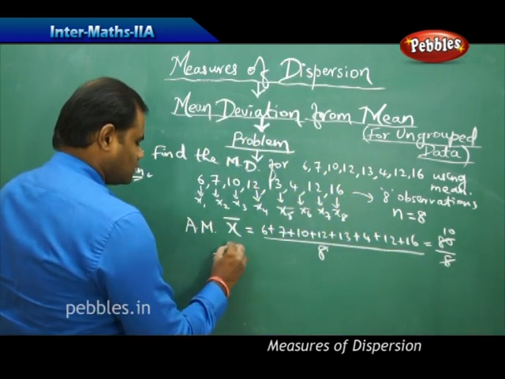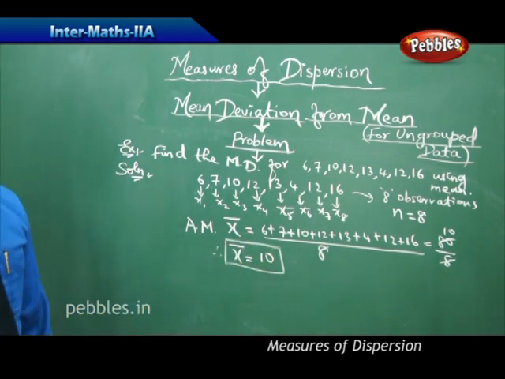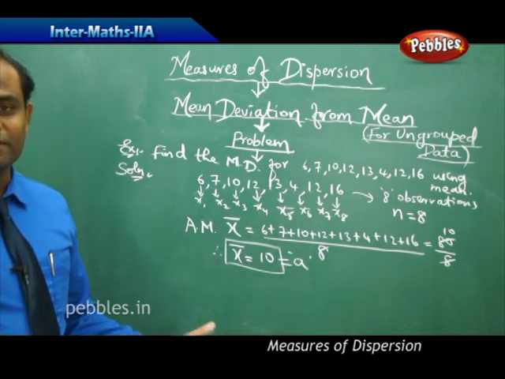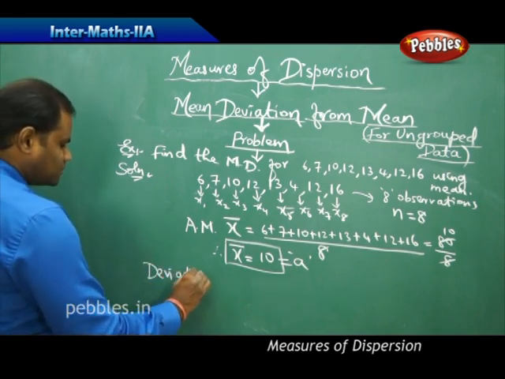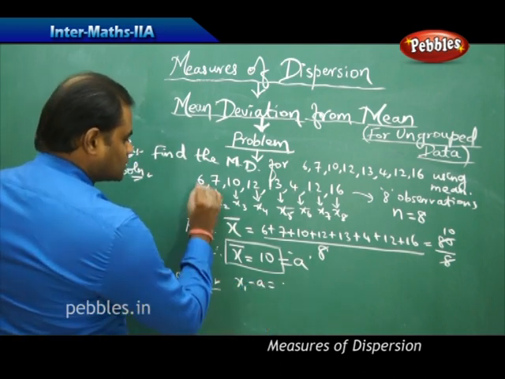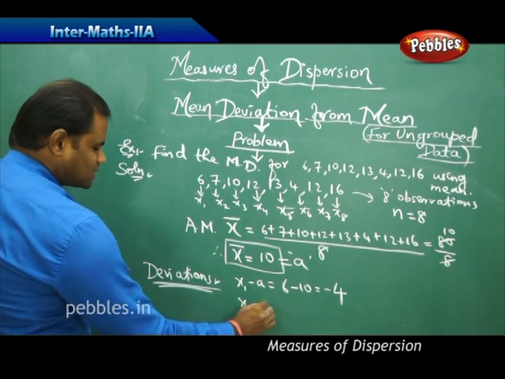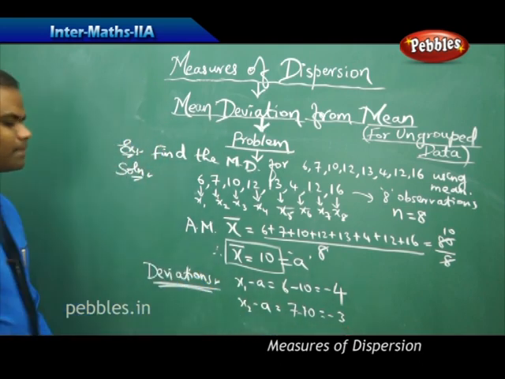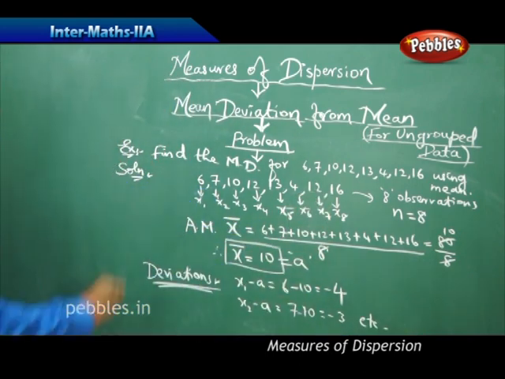Therefore x bar is 10, which I denote with A. Next, let's find each of the deviations. x1 minus A is 6 minus 10, which is minus 4, then x2 minus A is 7 minus 10, which is minus 3, and so on until I reach the last.